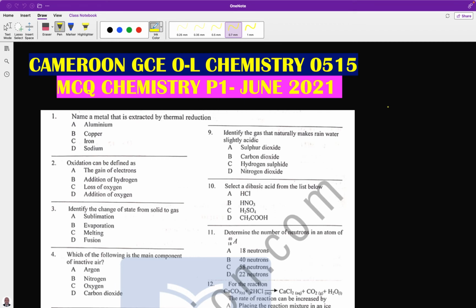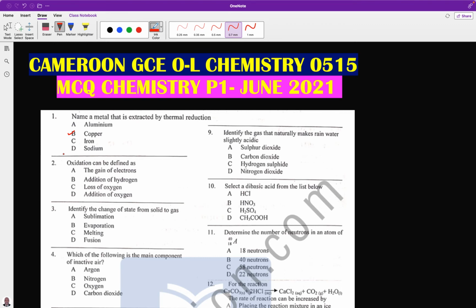From all investigation, the only metal that is extracted by thermal reduction is copper. B is the right answer, copper.